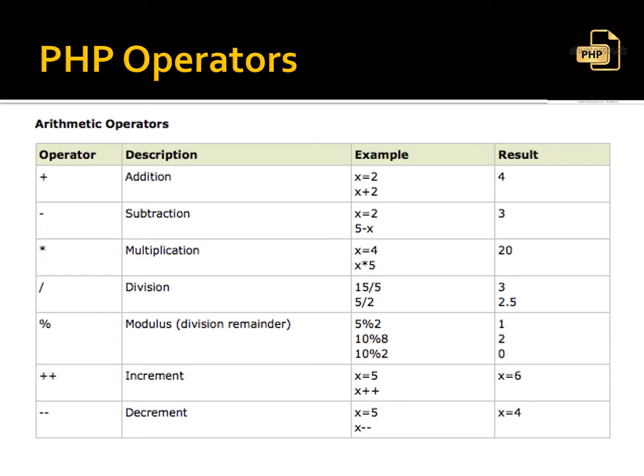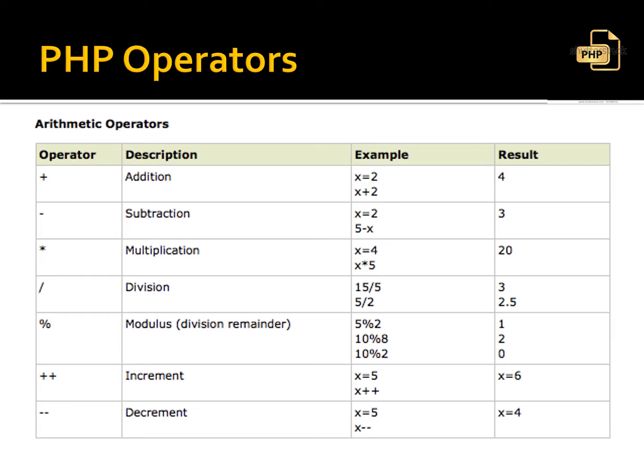Here we have examples for all these operators. x is equal to 2, x plus 2 means the result is 4. Then x is equal to 2, 5 minus x, the answer is 3. Then x is equal to 4, x into 5 is equal to 20. Then 15 divided by 5 is 3.